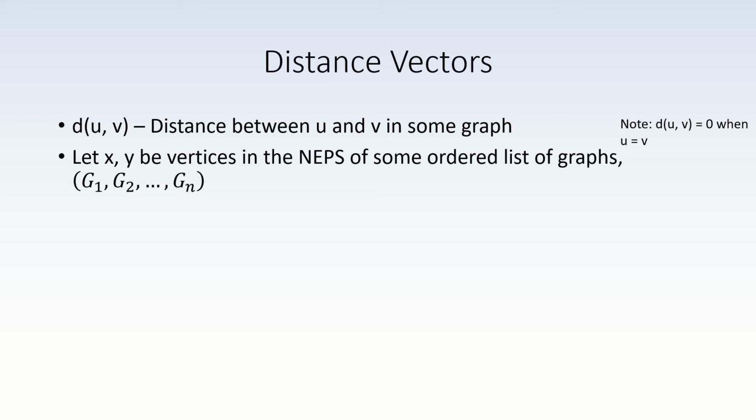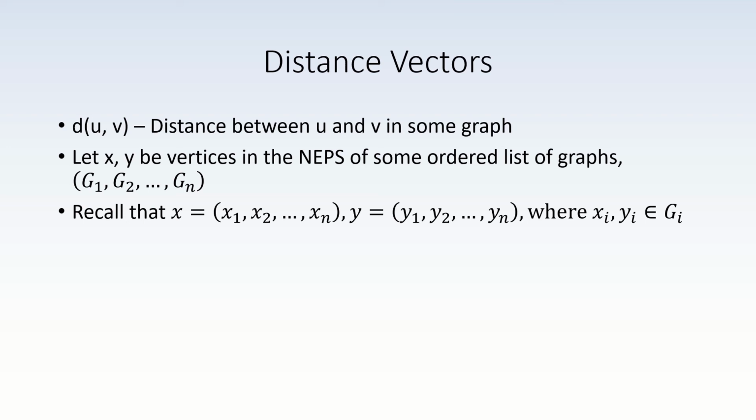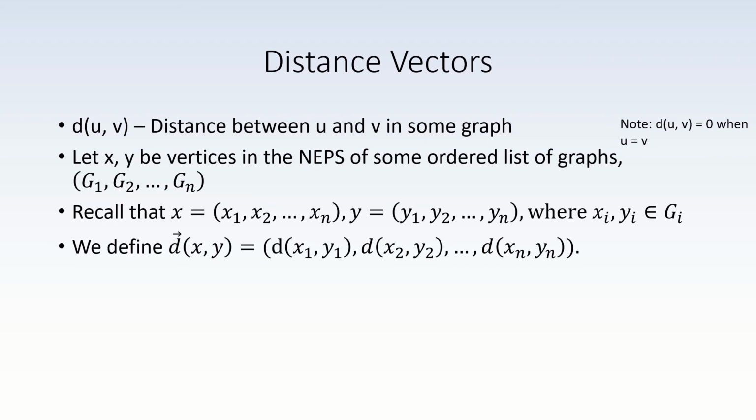Then, as we know, x and y themselves represent ordered lists of vertices from the input graphs, where their first elements come from the first input graph, their second elements come from the second input graph, and so on. The distance vector, d of xy, is defined to be an ordered list where the ith element in the list is the distance between the ith element of the ordered list represented by x and the ith element of the ordered list represented by y in the ith input graph.